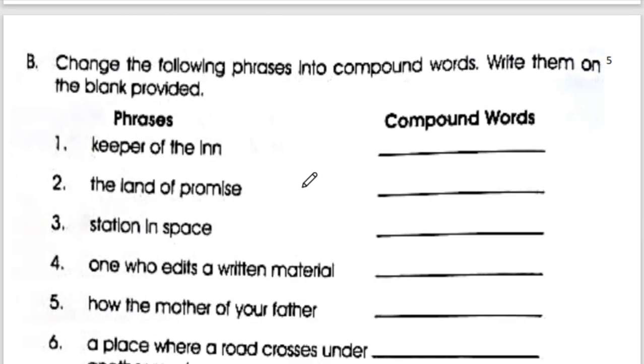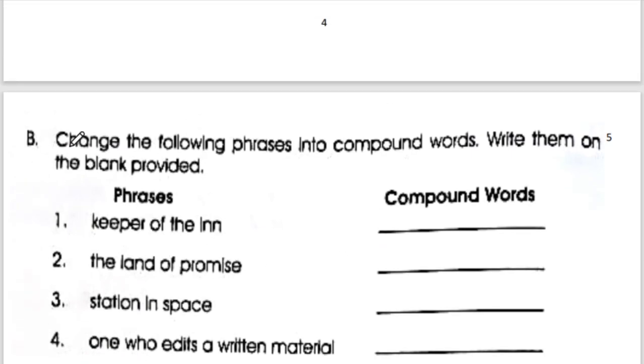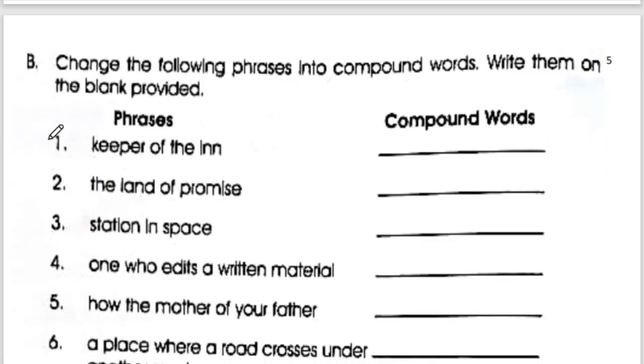Next, let's proceed to the next page of our module, Activity B. Change the following phrases into compound words. Write them on the blank provided. We have the following phrases. Number 1, keeper of the inn.